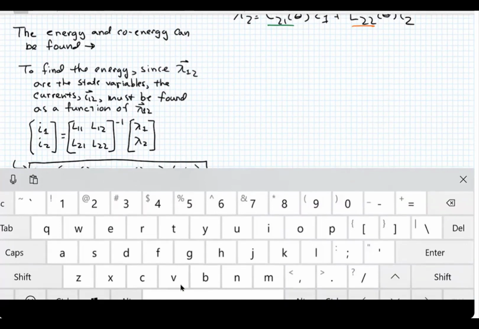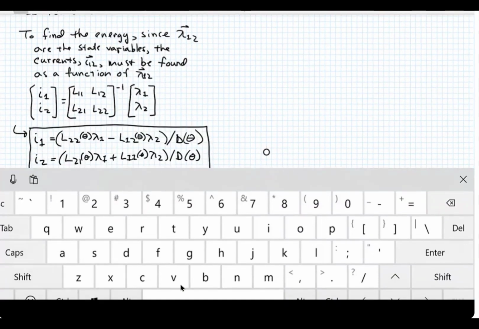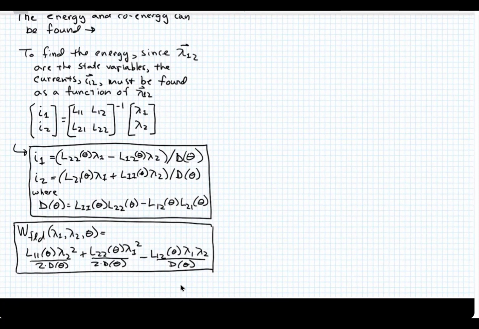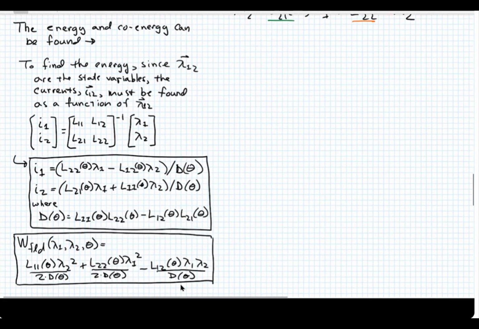We could go through a whole class period, but it's really not worth the effort right now. And we can derive an energy expression. If you're interested, we're not going to have to use this expression because it's just too complicated. But if you want to find energy, remember when we derived the energy, our state variables were the flux linkages.